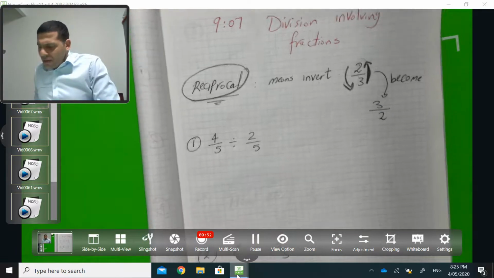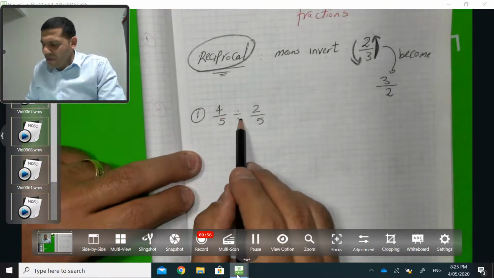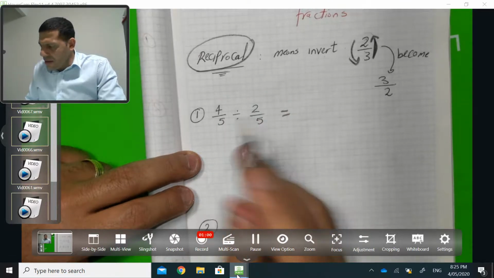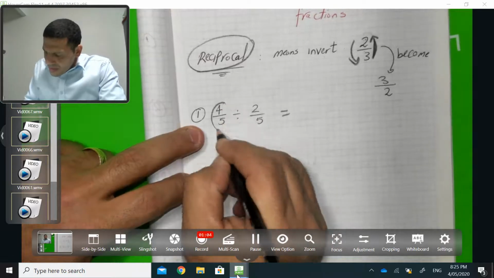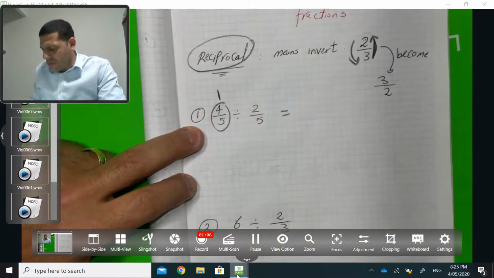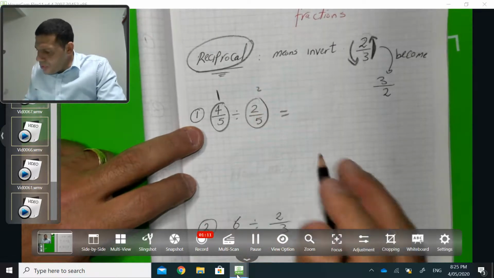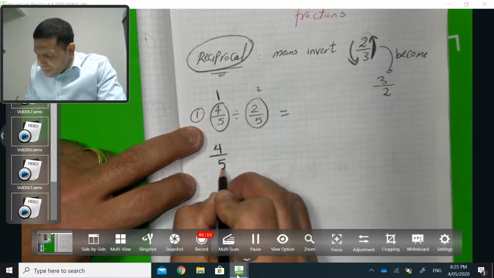Okay, we start with the first example here. We have 4 over 5 divided by 2 over 5. How can you divide this fraction? There's an easy way to do it. Let's name the first fraction 1 and the second fraction 2. You keep the first fraction as it is, 4 over 5.